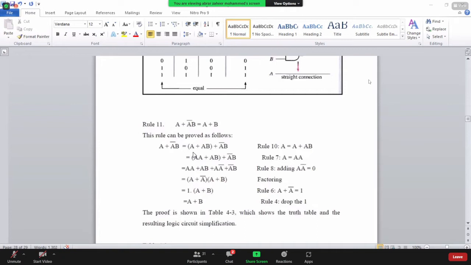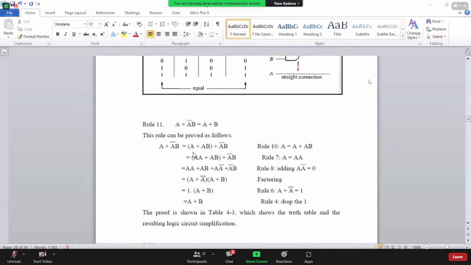After that, if you do the factoring, then you get A plus A bar into A plus B. That is equal to, A plus A bar is equal to 1 by rule number 6. So 1 dot A plus B. If you drop the 1 by rule number 4, that is equal to A plus B.